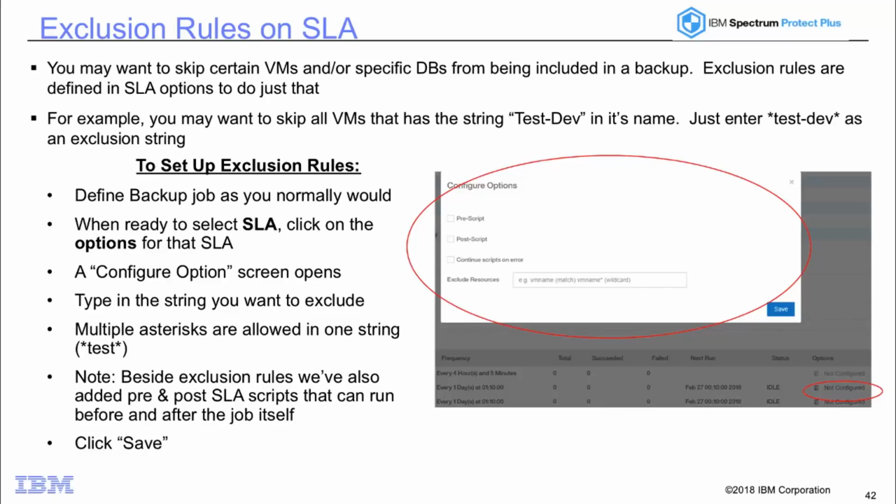You use wildcards, you type it in the configuration options of the SLA, and then save it when you save the job, and those machines will be automatically excluded.